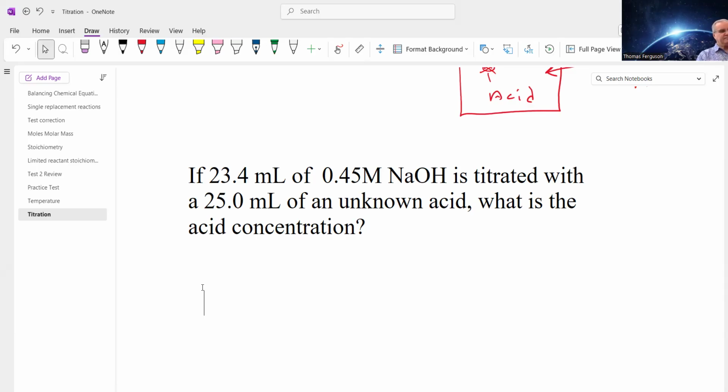And to me, that's confusing for students. So I keep everything in liters. If it's milliliters, convert. And how many milliliters per liter? 1,000. Okay, so first thing is we've got milliliters and milliliters. Let's move those over to liters, because what we need is the volume in liters.